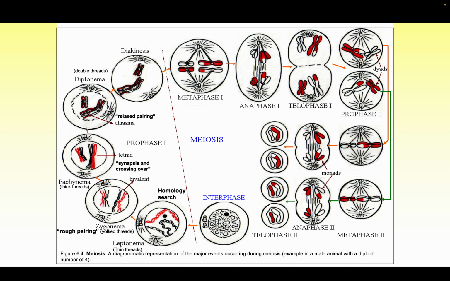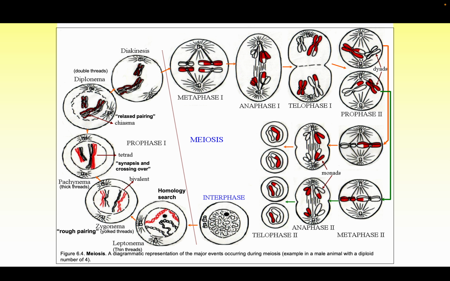Okay, so some of the important stages I'd like to point out. When a sex cell starts the meiotic cycle, there are stages within prophase 1 where certain unique events happen.